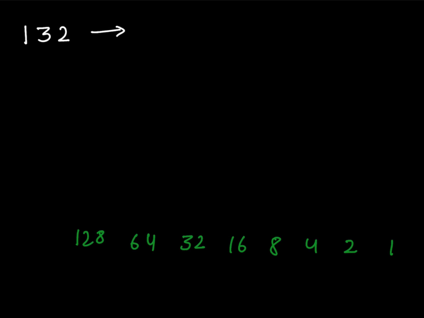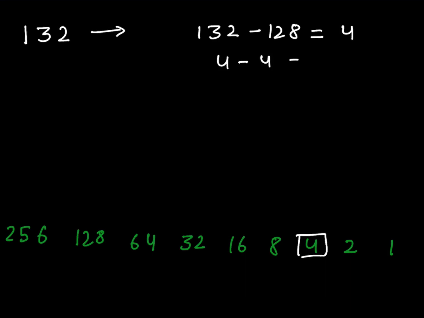The number is more than 128, and 2 to the 8th power would be 256. So the highest number below 132 is 128. We subtract 128 from 132 and we have 4, and the highest number below 4 is 4 itself. So we have 4 minus 4 equals 0.